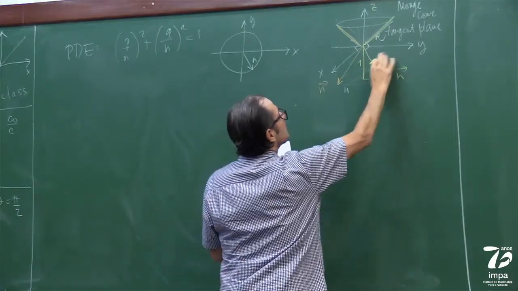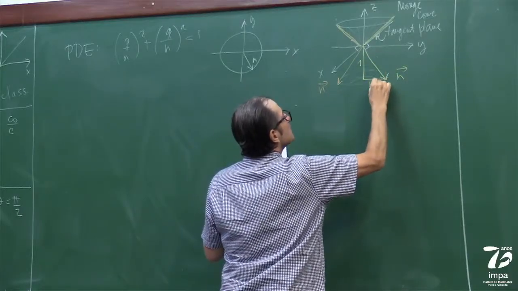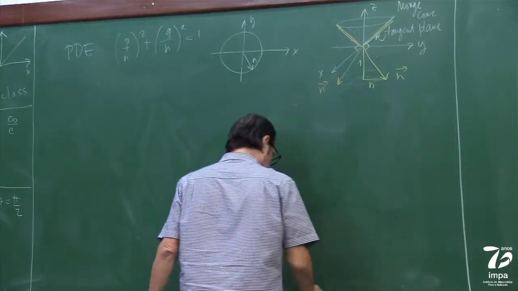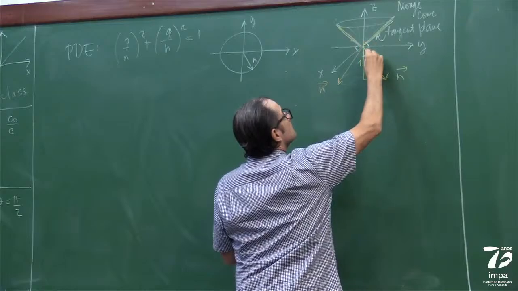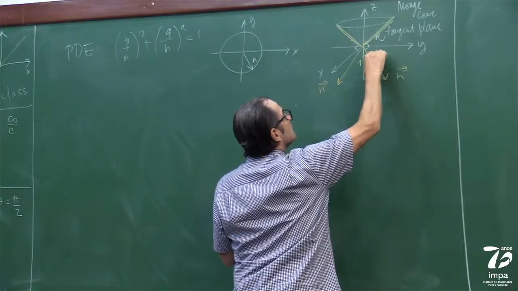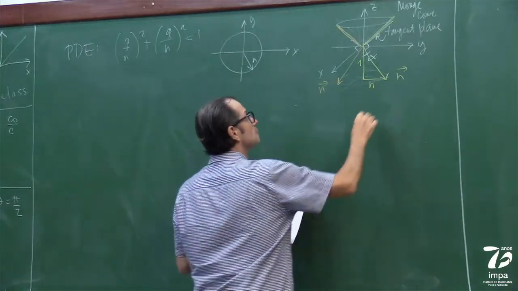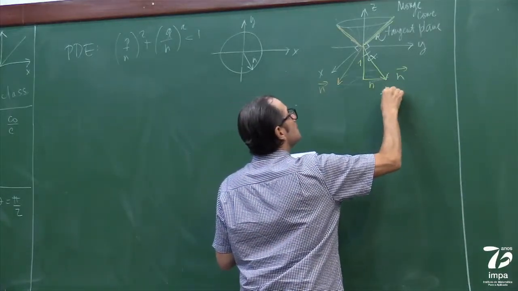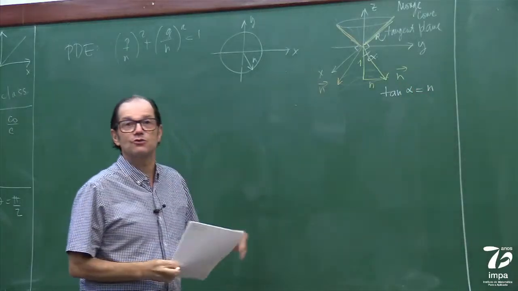Let me erase this n. This is n. Let me call this angle here alpha. So I have that tangent alpha is equal to n.